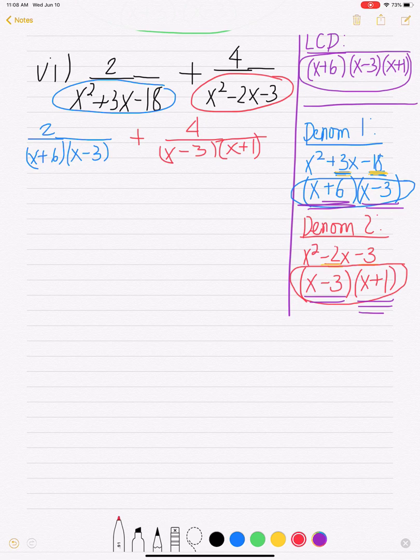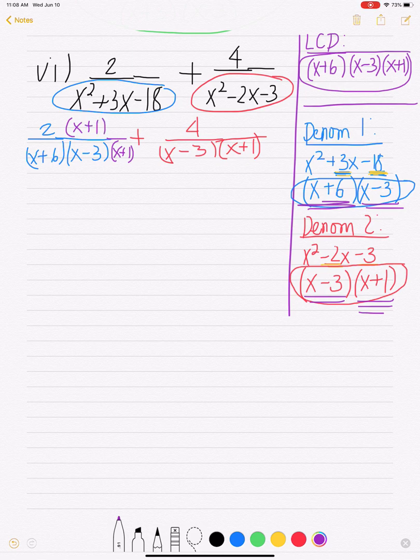Now, to get the LCD in the blue fraction, we're missing an x plus 1 down bottom. So I'm going to multiply the bottom by x plus 1. And once you do the bottom, you have to do the top to balance the fraction.